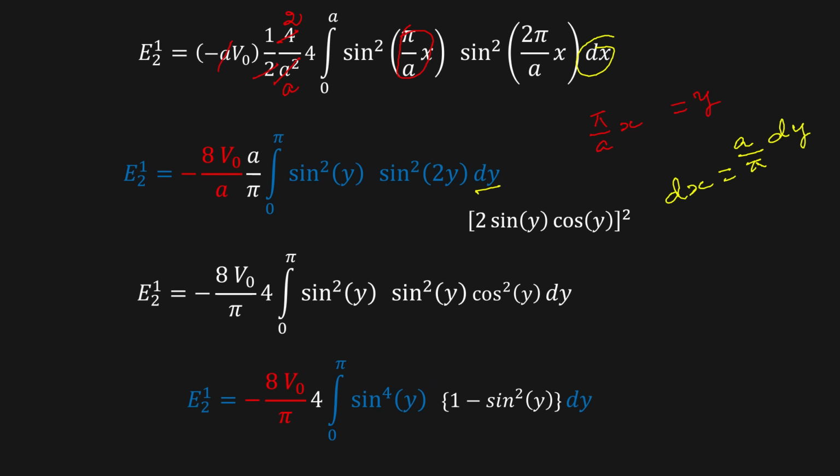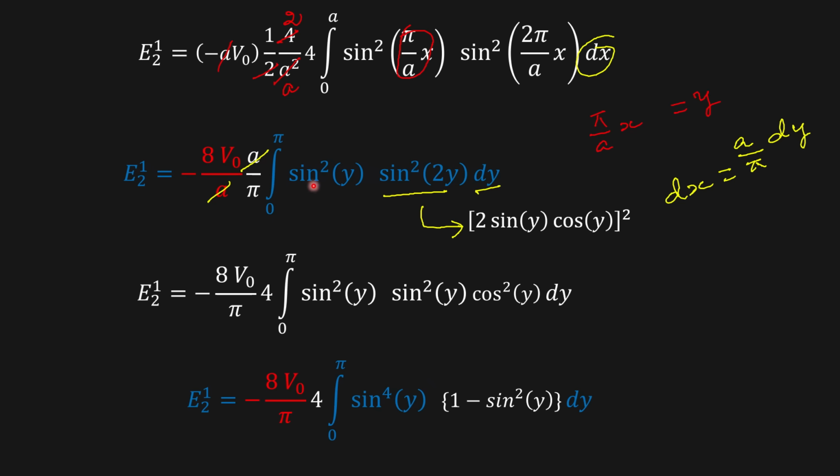Now, this sine squared 2y can be written as 2 times sine y cos y whole squared. Before that, you can cancel this a and this a. So you will get minus 8 V0 over pi. This 2 squared will become 4, which I am taking out of the integral.